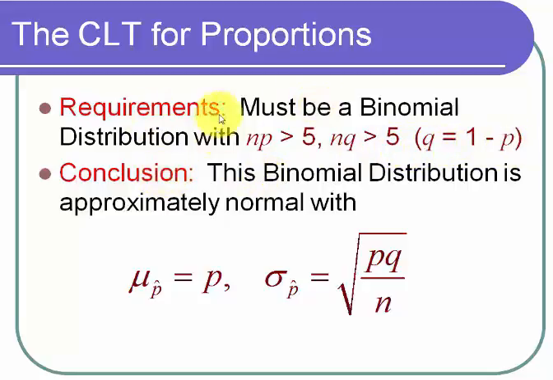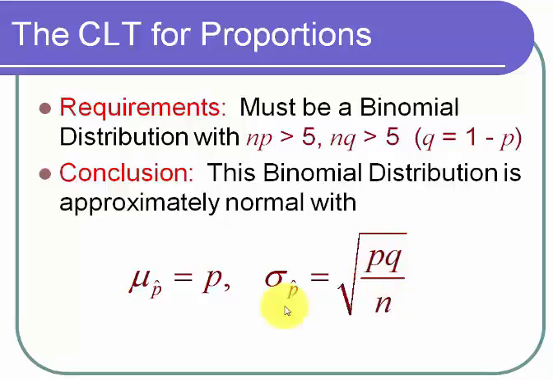Then the binomial distribution is approximately normal, with mean mu sub p hat equals p, and standard error sigma sub p hat equals the square root of p times q divided by n.